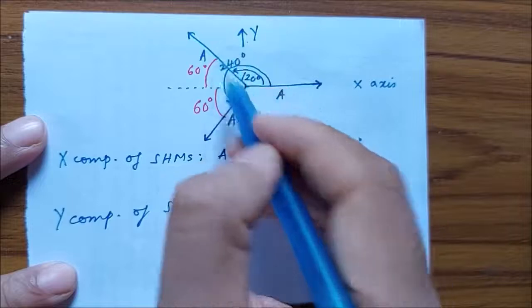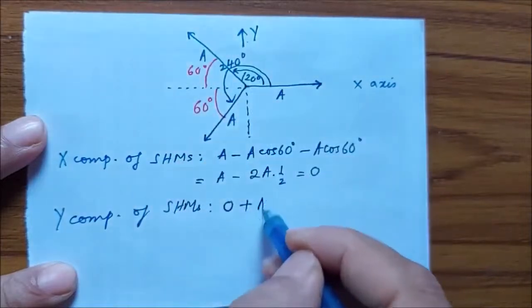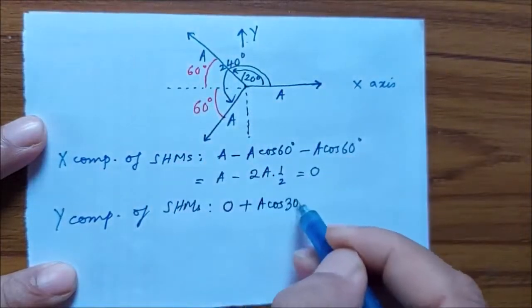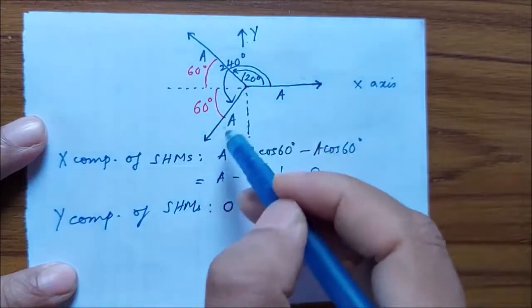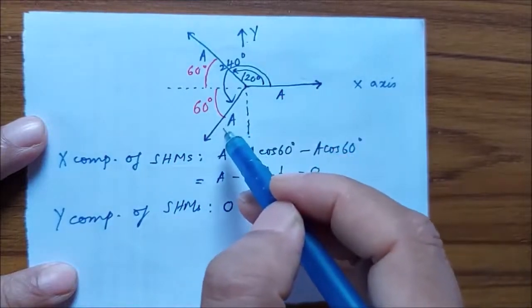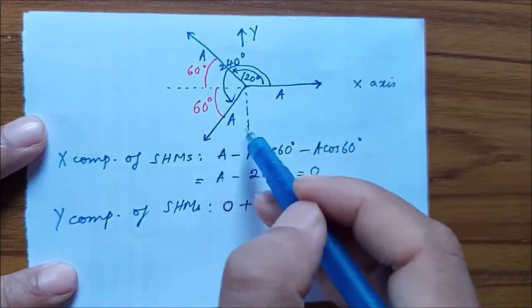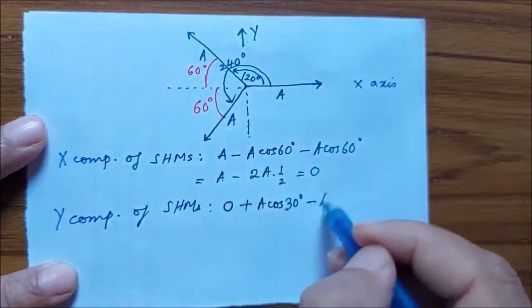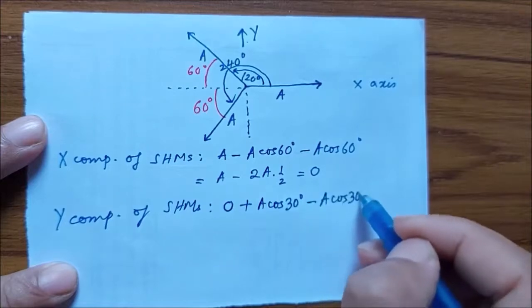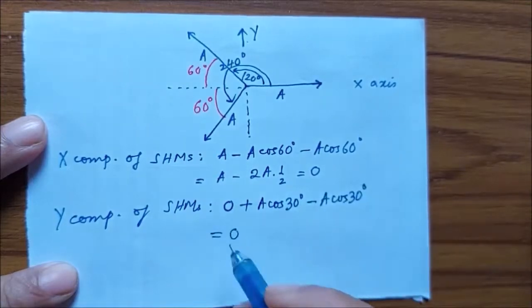This is 30 degrees, so it is a cos 30. The third SHM has a component along negative y-axis of amount a cos of 30 degrees. So it is minus a cos of 30 degrees, and therefore it is 0.